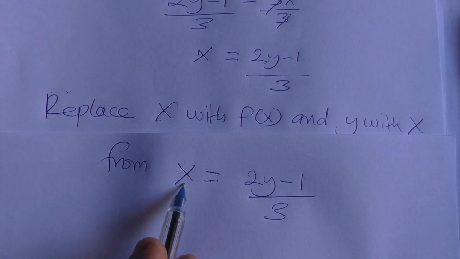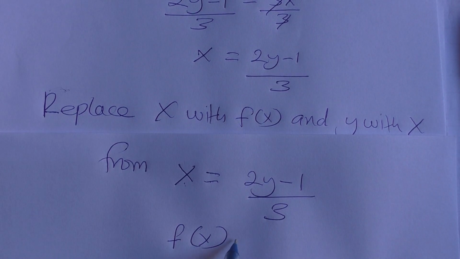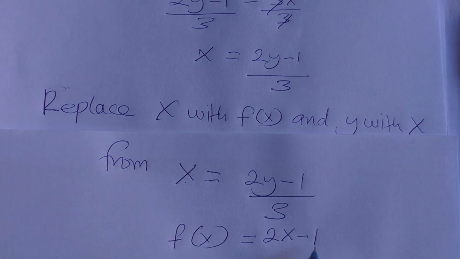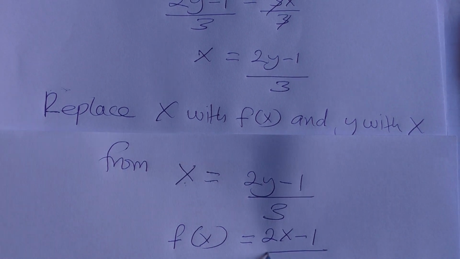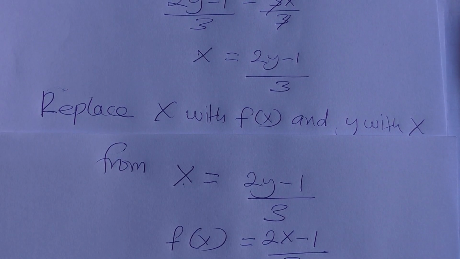Hence, where there is x, we write the f of x equaling to, where there is y, we replace it with x, 2x minus 1 over 3. So that is our function.